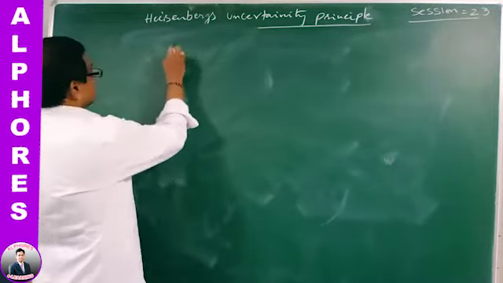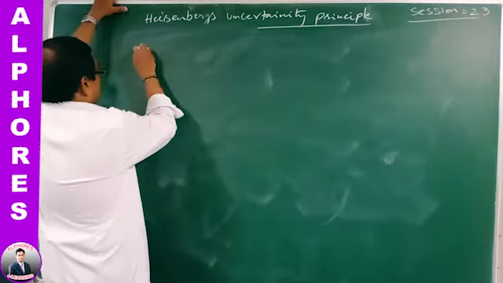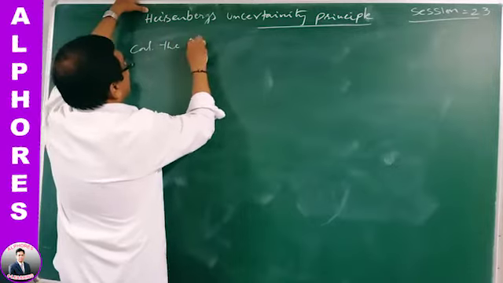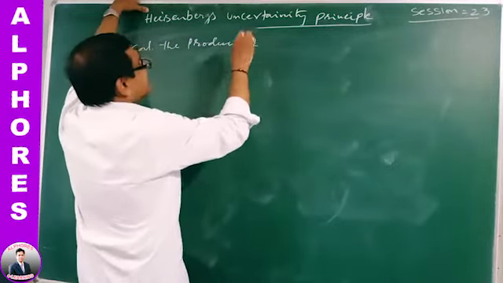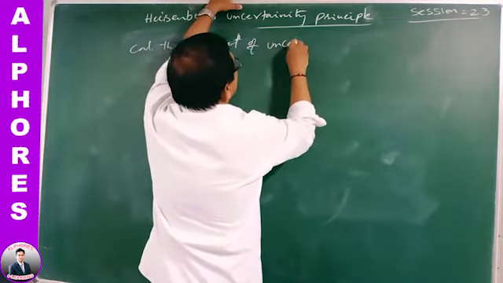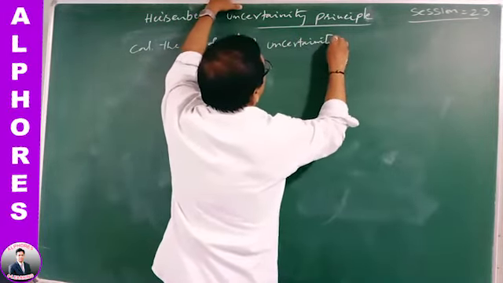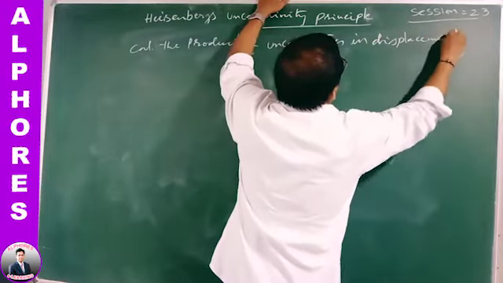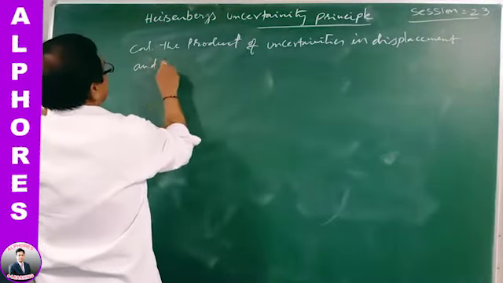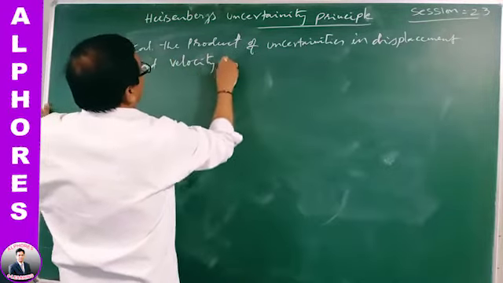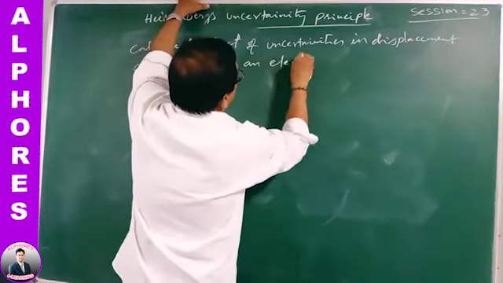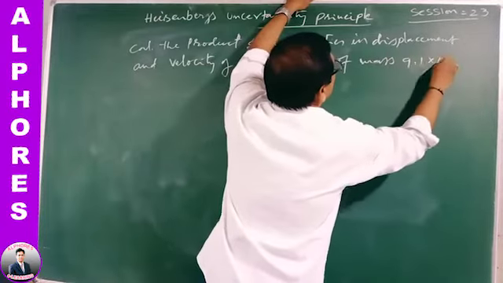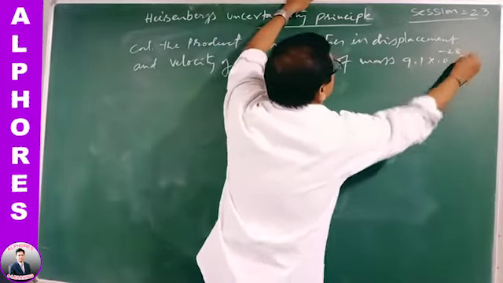Calculate the product of uncertainties in displacement and velocity of an electron of mass 9.1 into 10 to the power minus 28 grams.